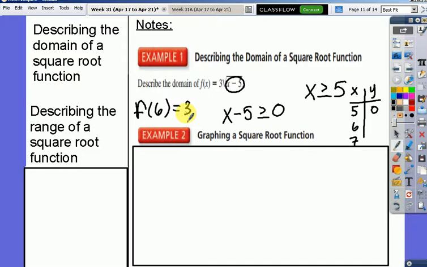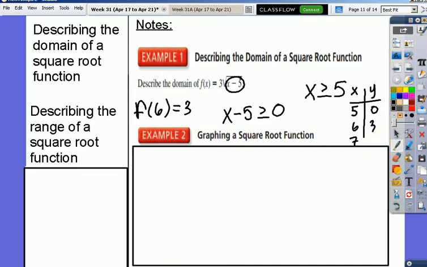So that would be my next value. How many values do you have to plot? I don't know, 3 or more. I would say 3 or more. 2 is probably not enough. Okay. All right. Any questions about the domain? There's really not much to it as long as you remember the properties of your inequalities.